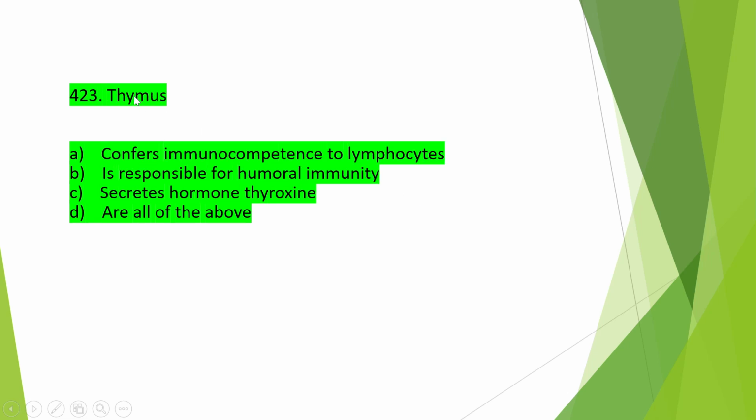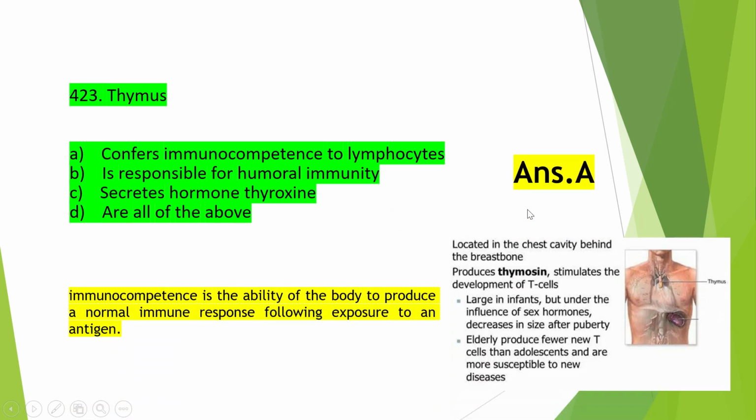Okay. So next question is: thymus confers immunocompetence to lymphocytes, is responsible for humoral immunity, secretes hormone thyroxine, or are all of the above? And the right answer is option A, that is, thymus confers immunocompetence to lymphocytes. So what is immunocompetence?